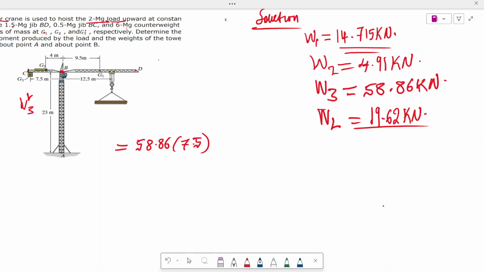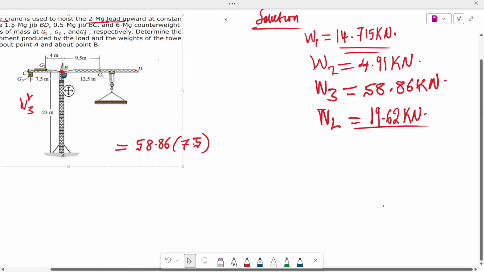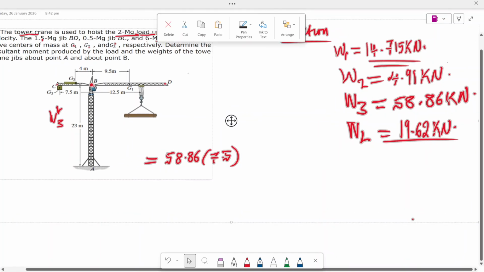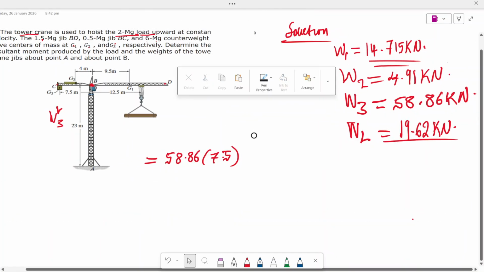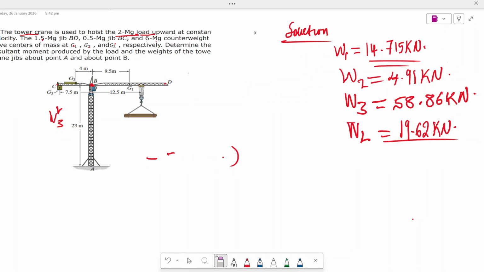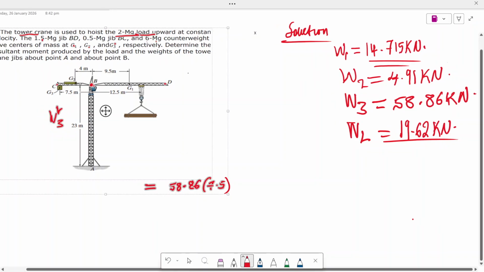So it's 58.86 times perpendicular distance, which is 7.5. Now we go to G2.